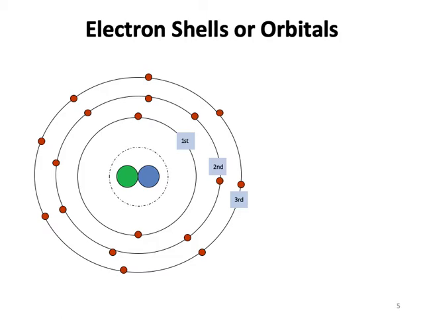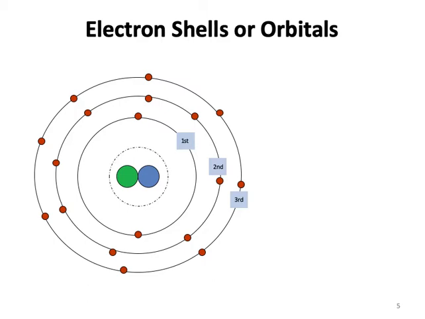But we're going to keep it simple and stick with those elements that take up 3 or fewer orbitals, okay? So that would be what? A total of 2 electrons in the first orbital plus 8 in the second, that's 10, plus 8 in the third, that's 18.